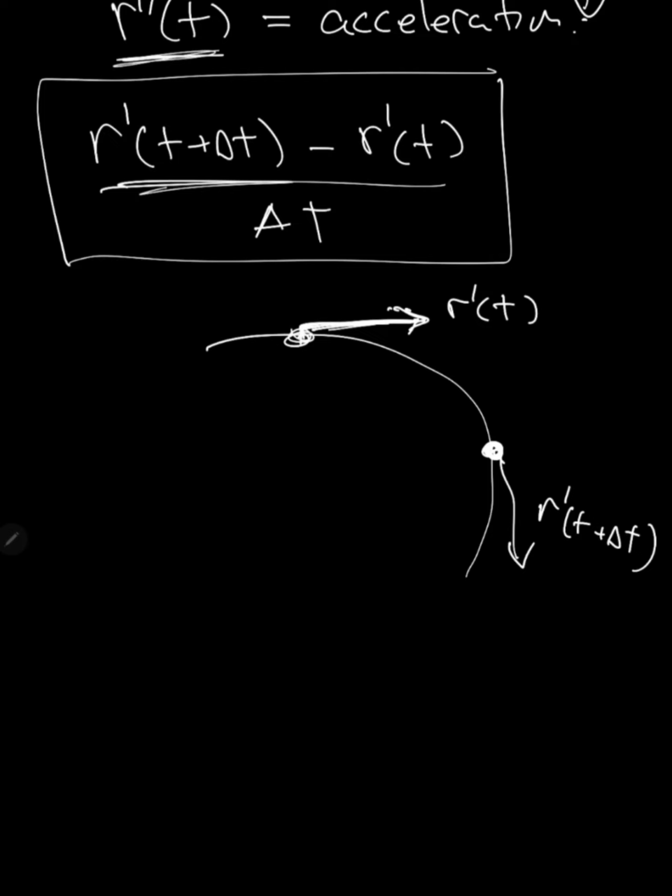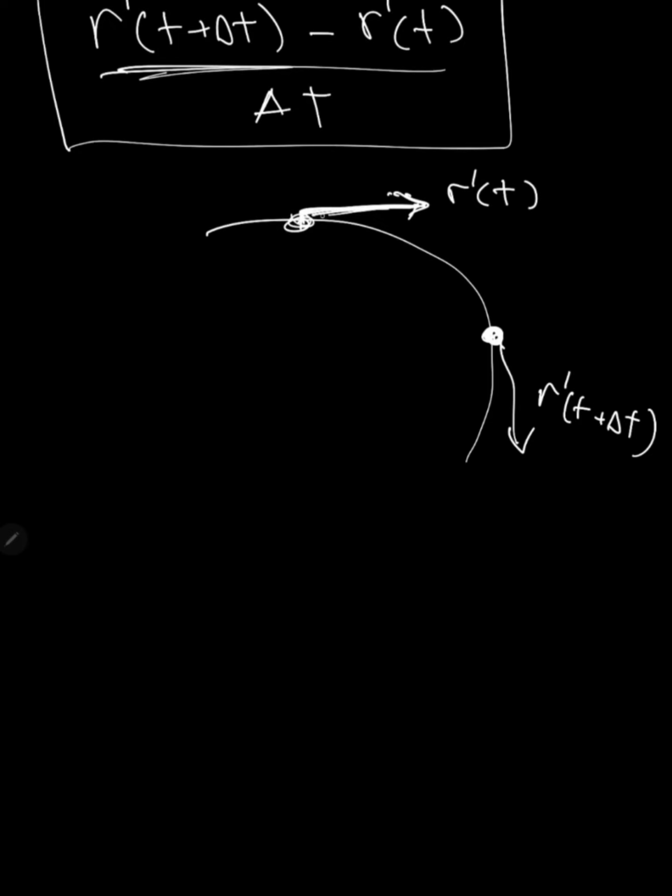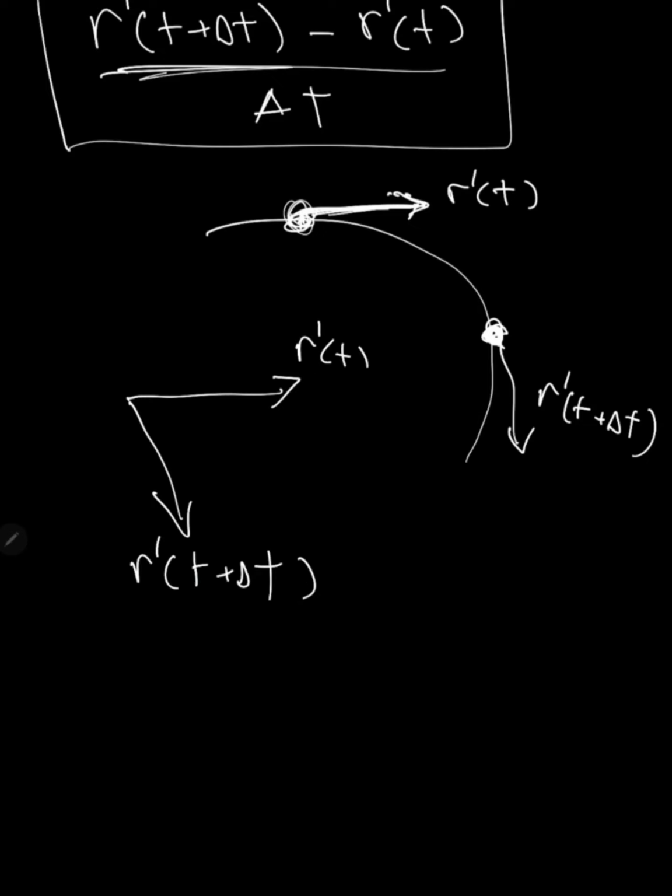As we move from this point to that point, our velocity changed from this direction to that direction, r prime of t to r prime of t plus delta t. So this difference up here is going to be that vector, the difference between the two velocities.